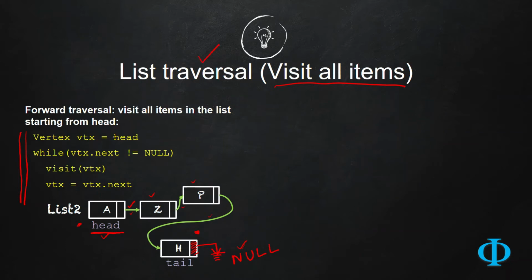In this pseudocode, first I have created a temporary vertex called VTX and initialized it to head, that is the first node in here.